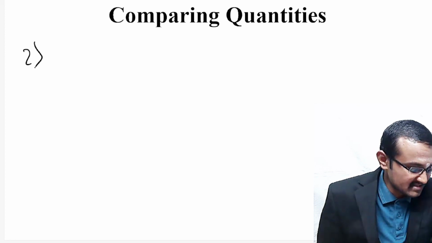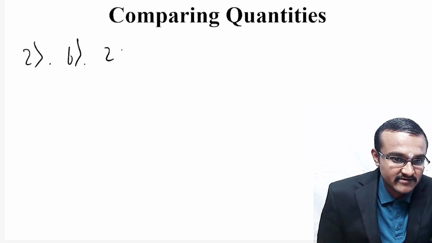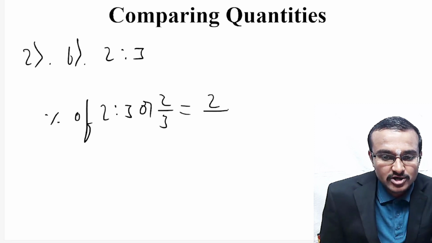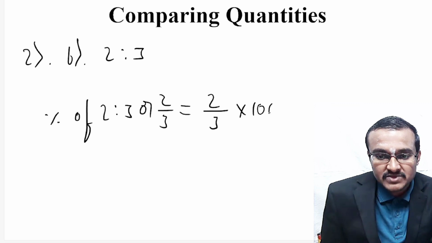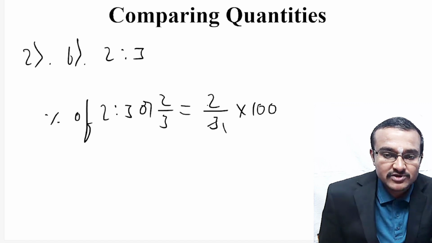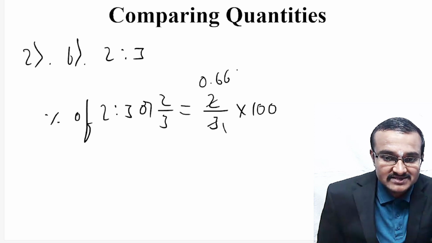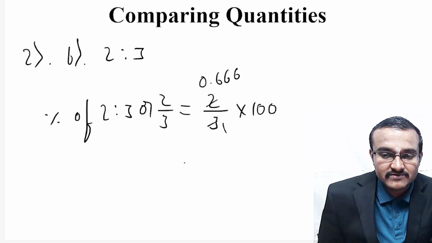Coming to the B question in this second question, they have given 2 is to 3. So the percentage of 2 by 3 is 2 by 3 into 100. What is 2 by 3? 3 ones are 3, 3 sixes are 18, so 2 will be remaining, and 6, 6 goes on like this.